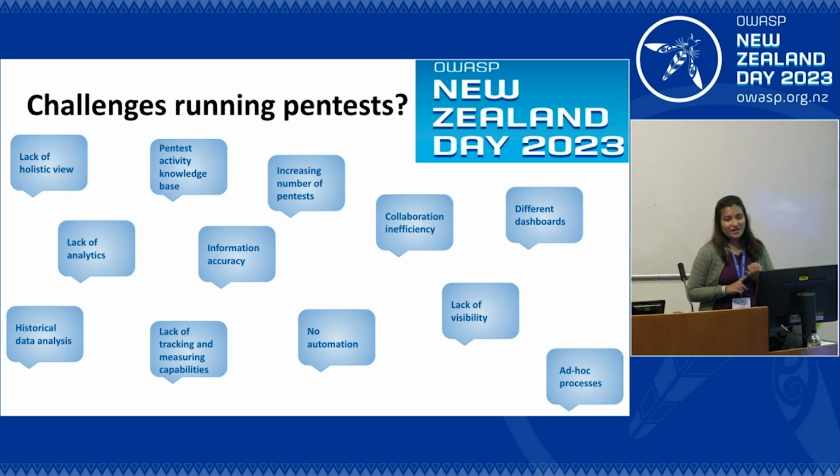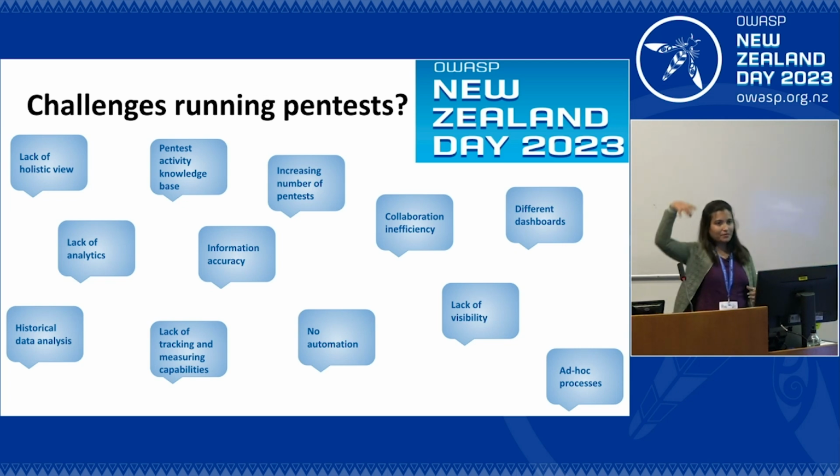So basically now imagine the scenario where you have different departments in the organization. All of them have their internal pen tests running, your bug bounty hunters and your bug bounty programs are reporting the findings, and then you have external pen tests. So all of this you need to manage, okay?